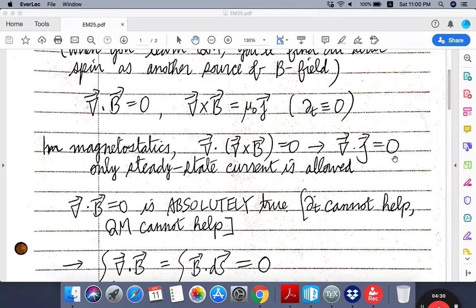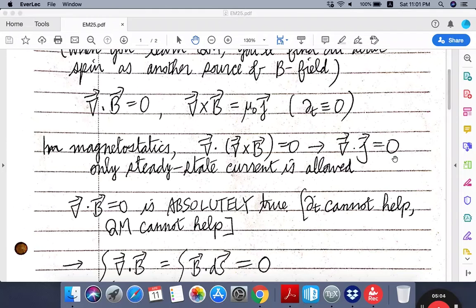Now, the other interesting consequence of the magnetostatics equation is that the divergence of the magnetic field is zero. And this is not only true for the static situation, where time dependence is absent by assumption, but it is true even for the dynamical situation, where you have all sorts of temporal fluctuations of charges and current and whatnot.